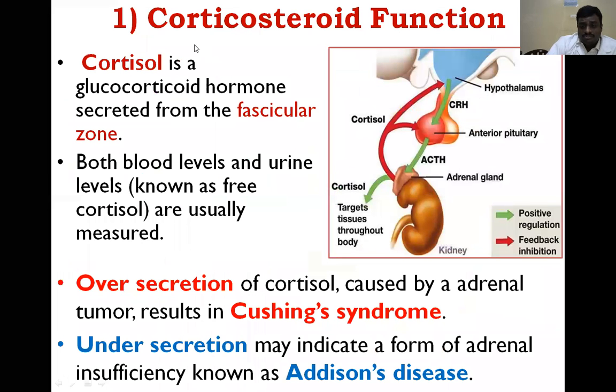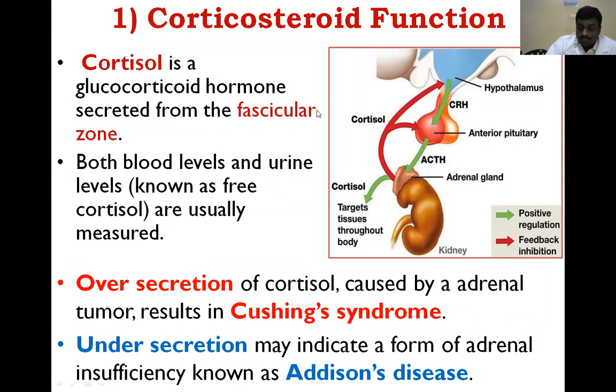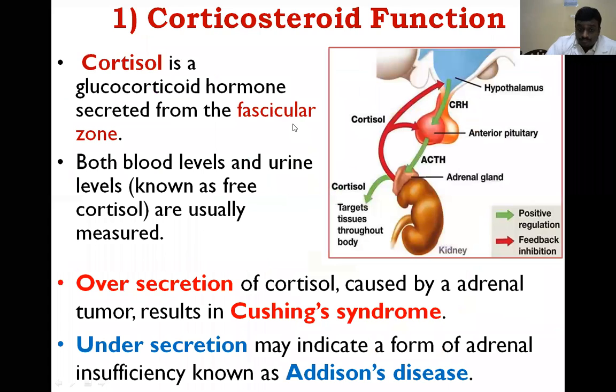So here, first one is corticosteroid function. Cortisol is a glucocorticoid, and we know that glucocorticoid is produced from the zona fasciculata. This cortisol hormone we are estimating both in the blood as well as in the urine samples.